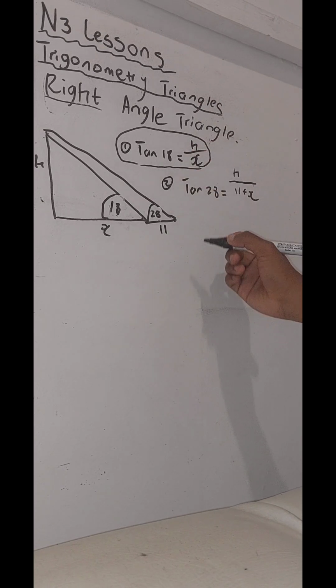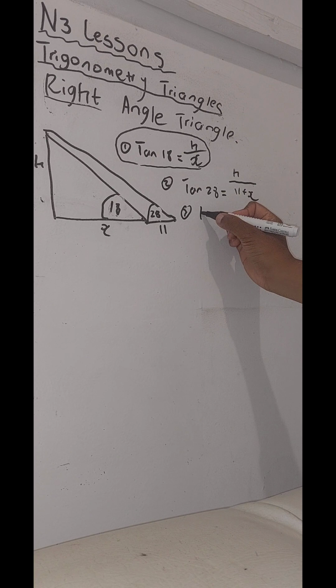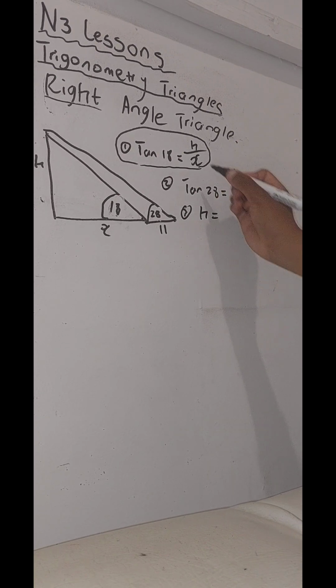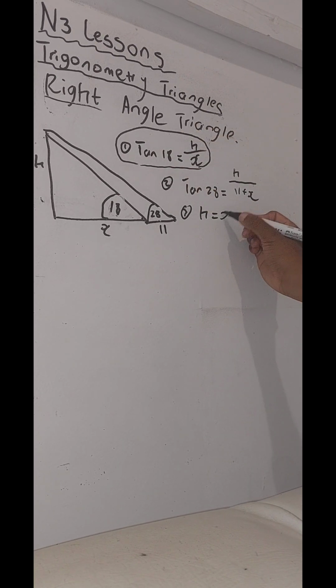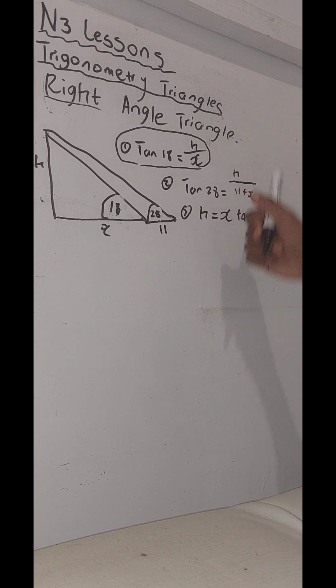So on the first one, I'll make it equation 3. We'll substitute h, and we'll make h to be x tan 18, that means this is height. So since we have height, we can substitute this onto that.